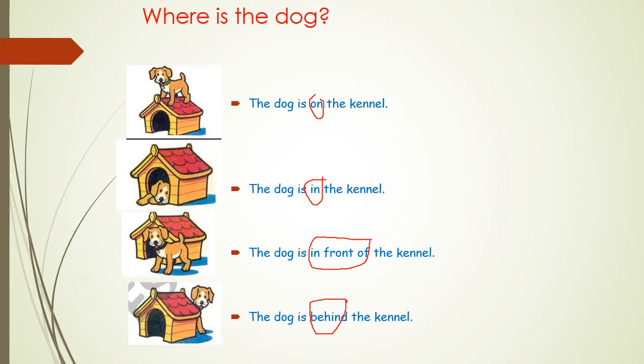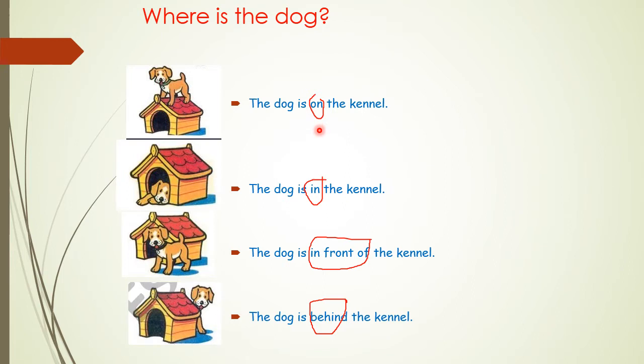And these words like on, in front of, behind show the relation between the dog and the kennel. Where is the dog? What is the position of the dog? The dog is on the kennel. The dog is in the kennel. It shows the position of the dog.